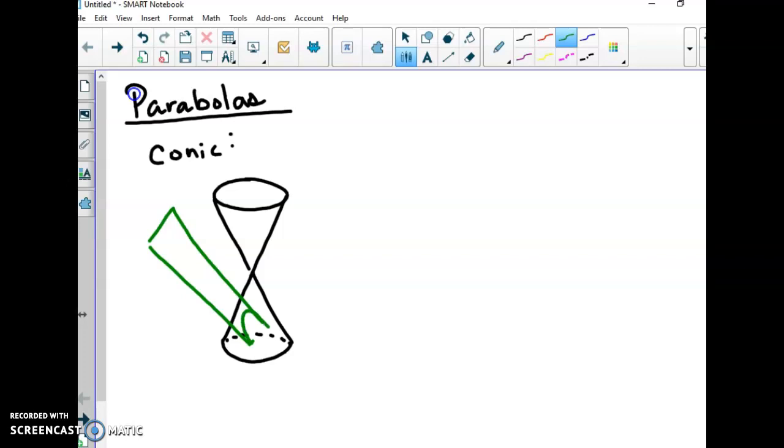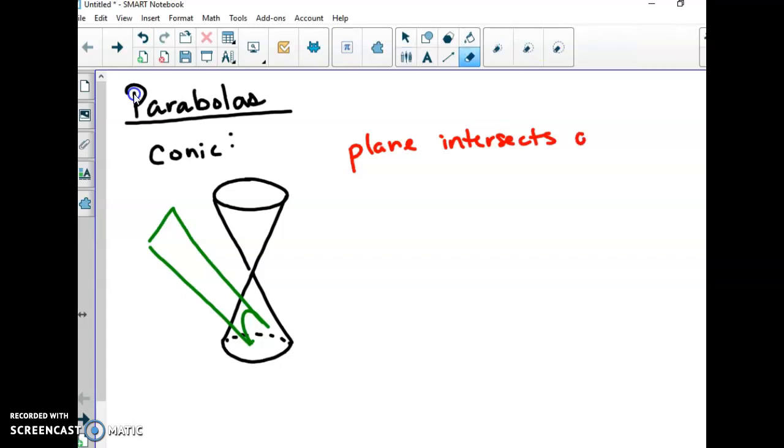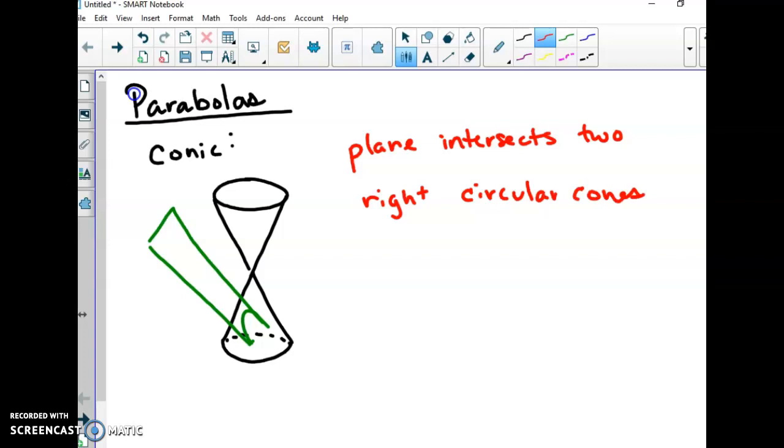When this plane intersects, and oh boy, that's quite the picture, the plane is going to intersect in these different conic sections. And specifically, like I said, we're going to be looking at parabolas.